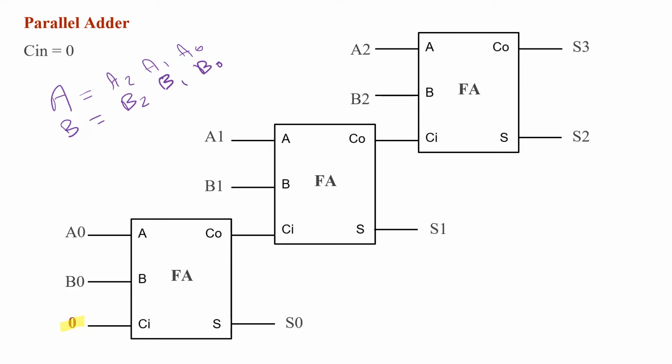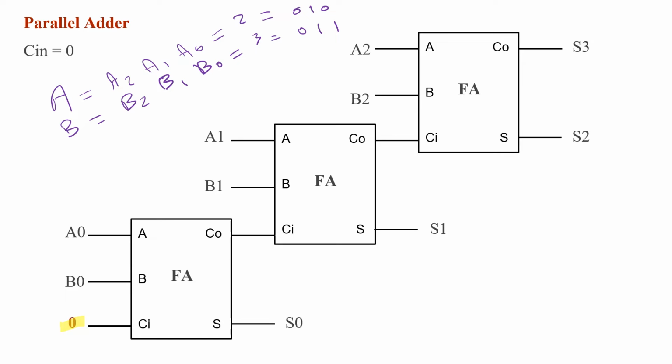So if we want to add, for example, 2 plus 3, then we have to write A as 2 in binary using 3 bits. So this is how to write 2. And to write 3 for B as a 3-bit binary number, we'll say 0, 1, 1.